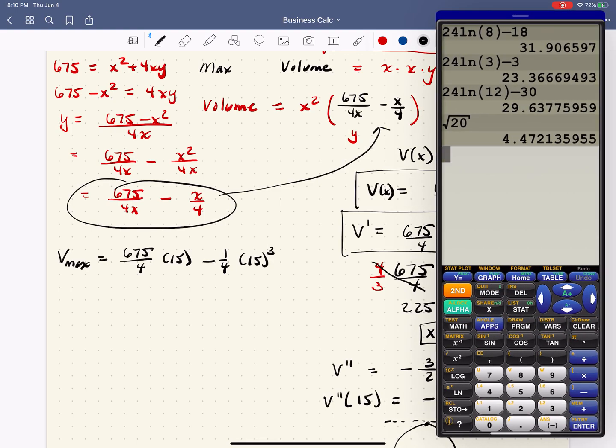And yep, my handy calculator is there. 675 over 4 times 15 minus 1/4 times 15 to the third. And that gives us 1687.5.